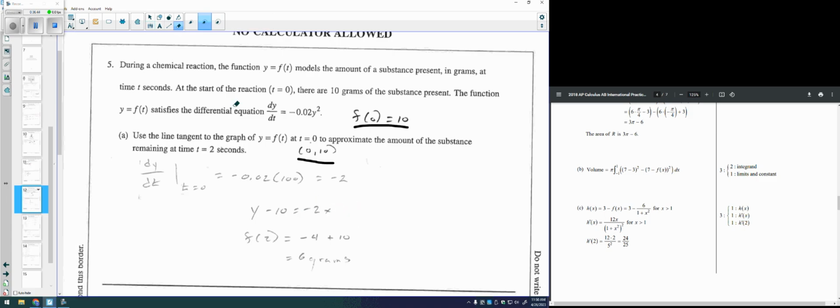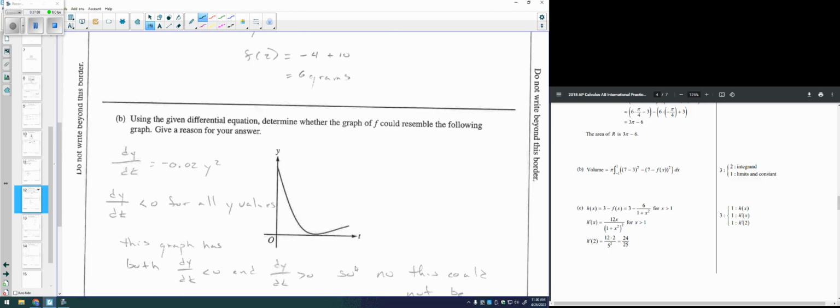Then I plugged in my value. I plug in to approximate the amount of substance at time equals 2. So I plug in 2 and I get negative 4. I add the 10 and I get 6 grams. So based on the tangent line at time equals 0, at time equals 2, it should be 6 grams.